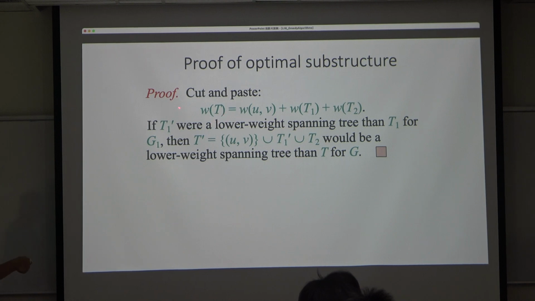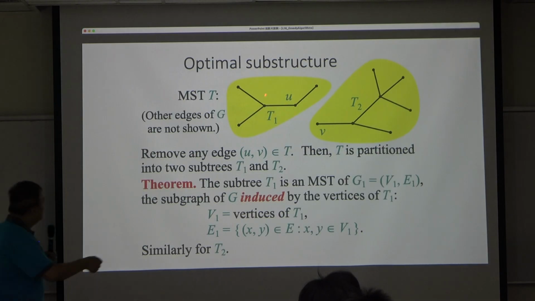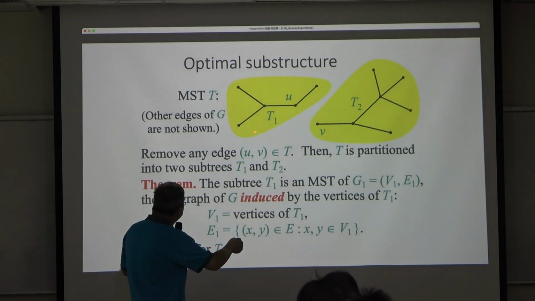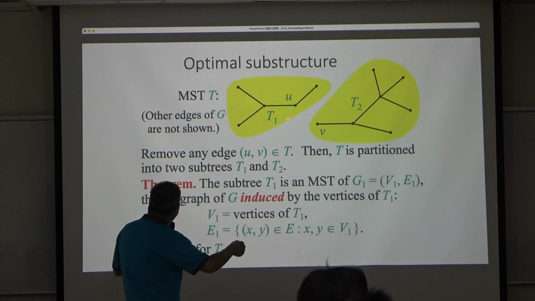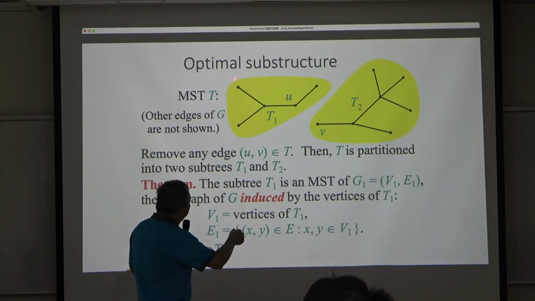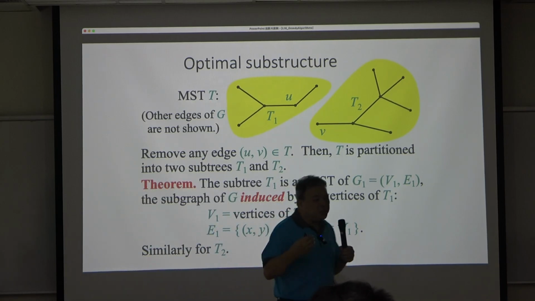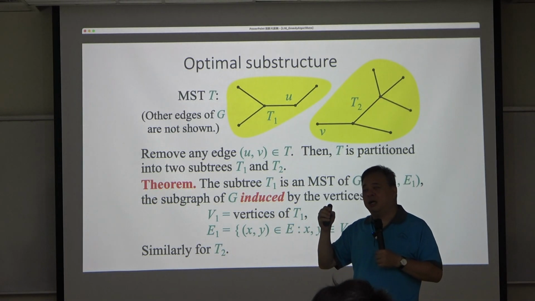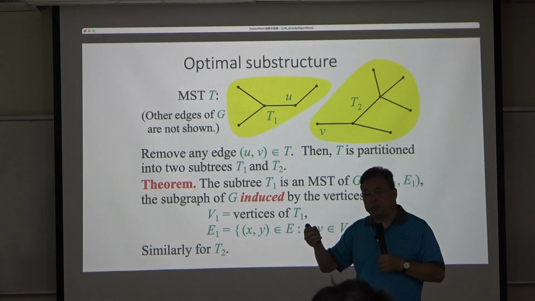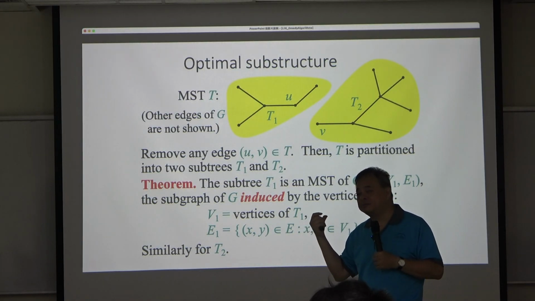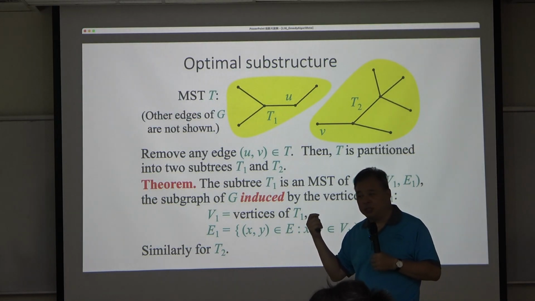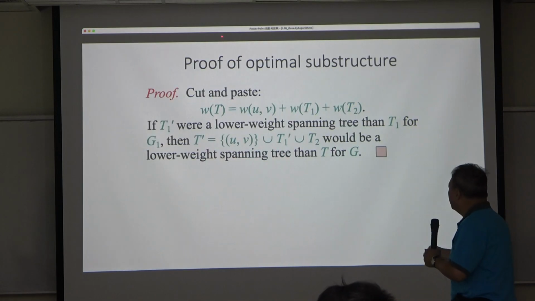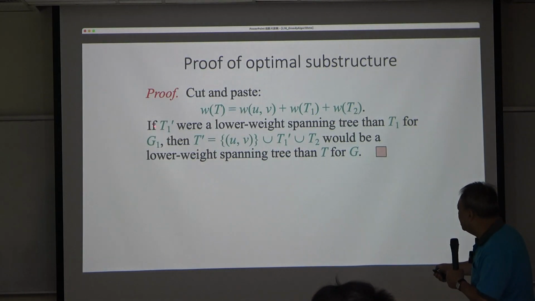So if, say here, we are able to find a tree that has even lower total weight for the subgraph G1, let's call that tree T1 prime, okay?